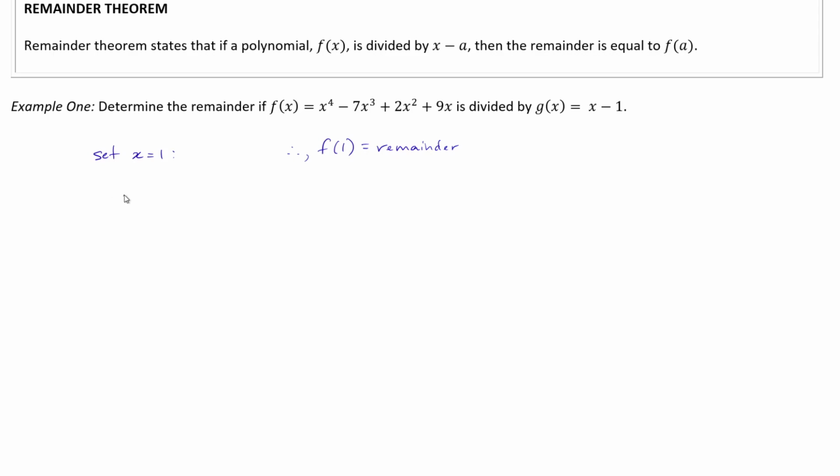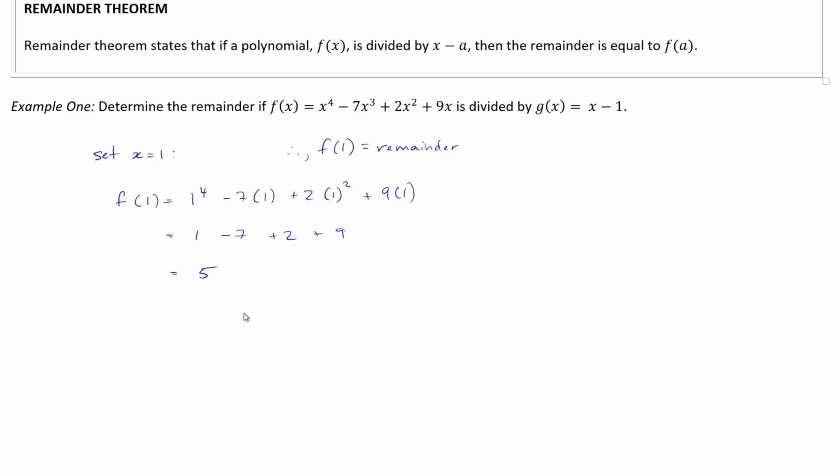So f at 1 is equal to 1 to the power of 4 minus 7 times 1 plus 2 times 1 squared plus 9 times 1. And I input all these values and I get 1 minus 7 plus 2 plus 9, and I end up with 5.